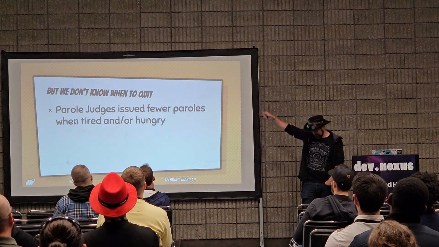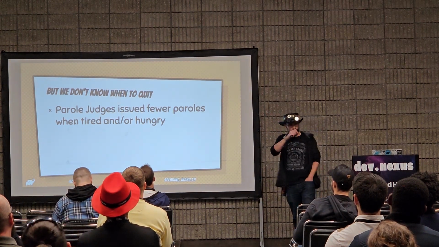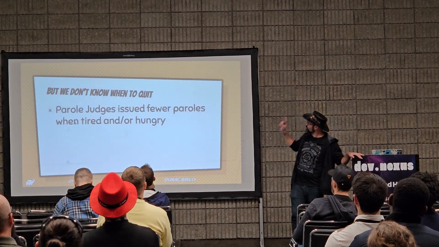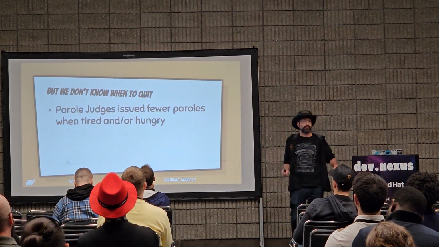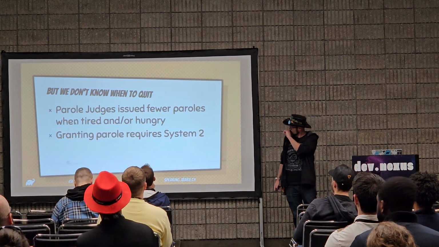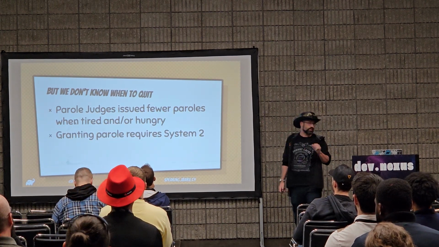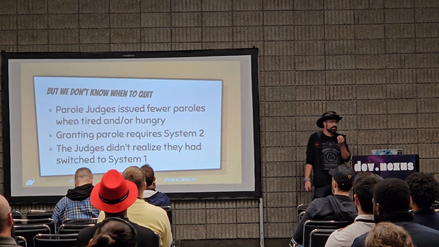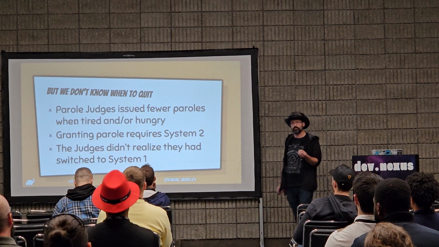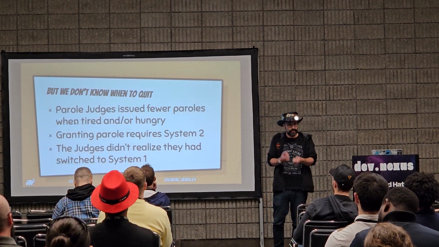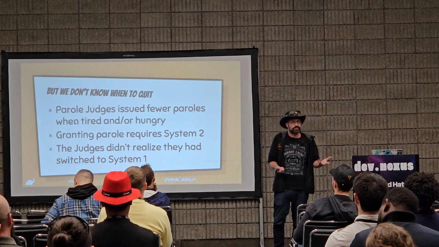And this is Professor Kahneman once again from Thinking, Fast and Slow. Parole judges issued fewer paroles when tired and or hungry. Because granting parole requires system 2, and the judges didn't realize they had switched to system 1. Now, obviously, they didn't do it on purpose. They want to make as good decisions as they can.